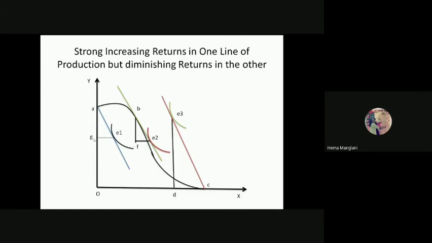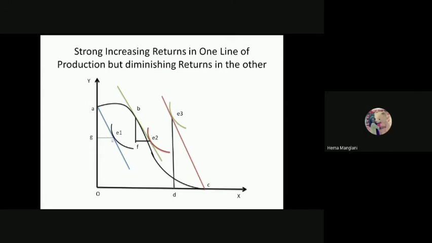But still, this situation is better than this, because now you have this much consumption of Y and still this much consumption of X, which you can keep in your own country, and the rest you are importing from the other country, because your production possibility curve's outside line is reaching E2.